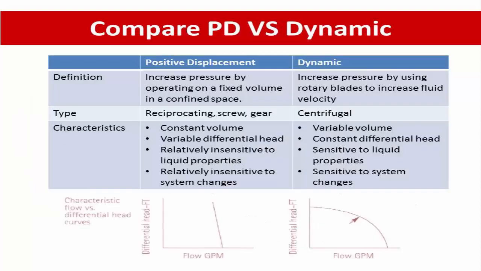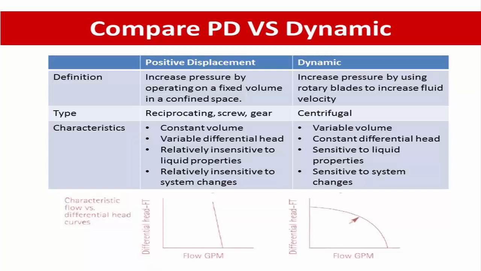If we want to compare positive displacement and dynamic pumps: positive displacement increases the pressure by operating on a fixed volume in a confined space. Dynamic increases the pressure by using a rotary blade to increase the fluid velocity. Types of positive displacement are reciprocating, screw and gear.